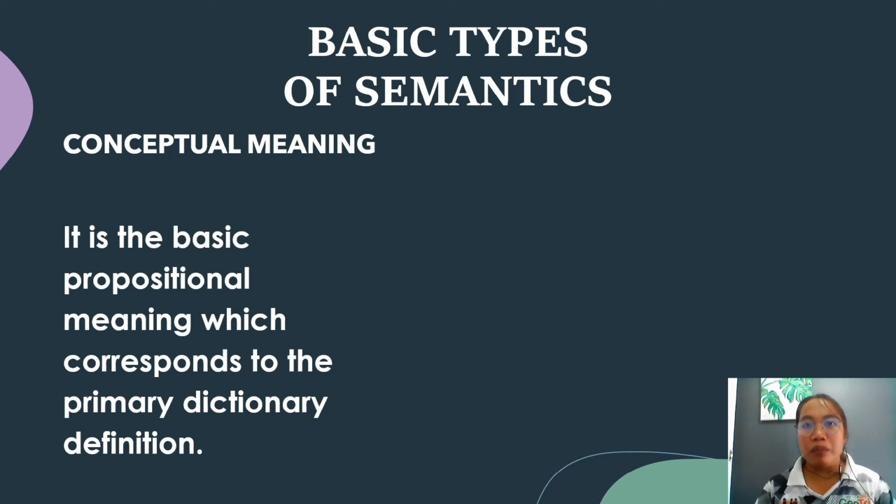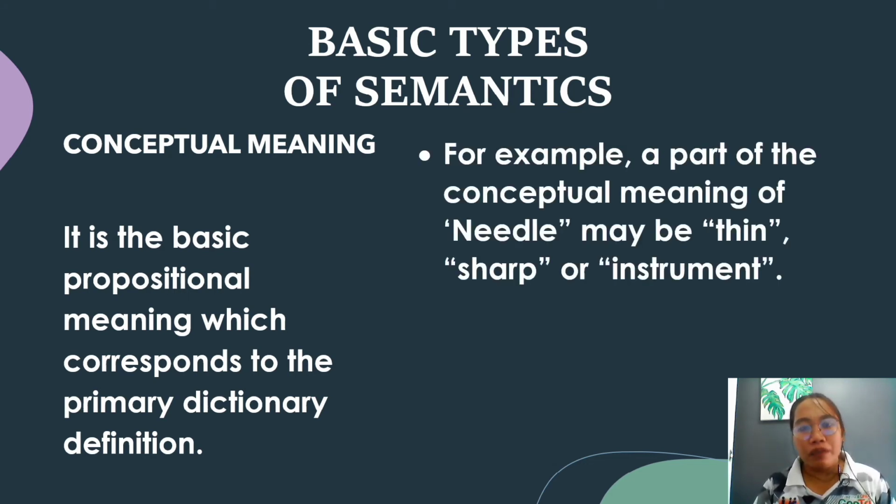Since conceptual meaning deals with the core meaning of an expression, it is essential for the functioning of language. For example, part of the conceptual meaning of needle may be thin, sharp, or instrument. This example shows that the aim of conceptual meaning is to provide an appropriate semantic representation to a sentence or a statement, and that makes conceptual meaning the base for all the other types of meaning.